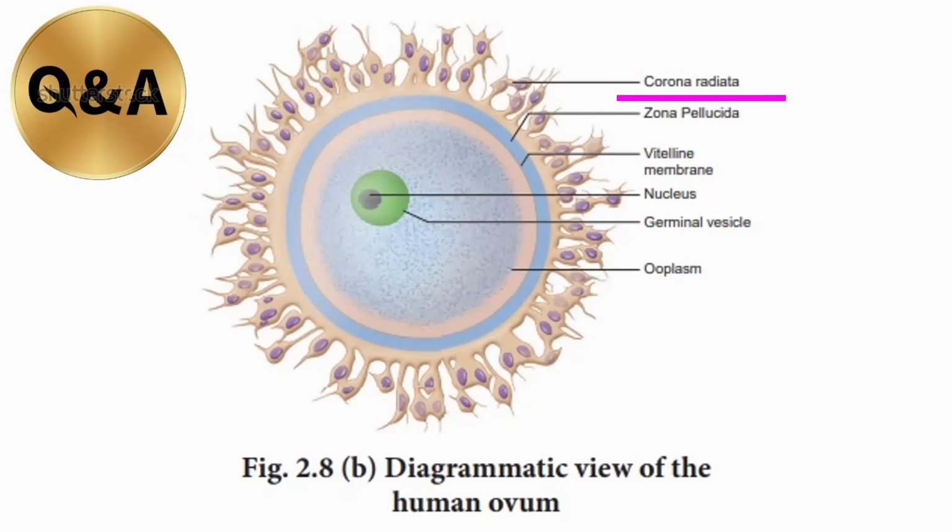These are granulosa cells on the outside, and then zona pellucida. And on the inside of zona pellucida, there is a thin layer of jelly material called vitelline membrane. And then we have the oocyte, cytoplasm, and the nucleus.